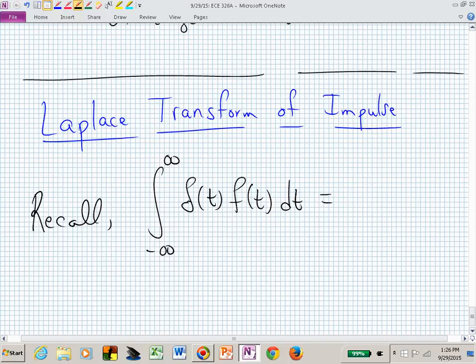What's f in that integral? What value of f do you have active at 0 minus to 0 plus? f of 0. That's the only thing that f is, isn't it? And you're weighting that with this impulse that has a weight of 1. You're just extracting that information out of f at time 0.